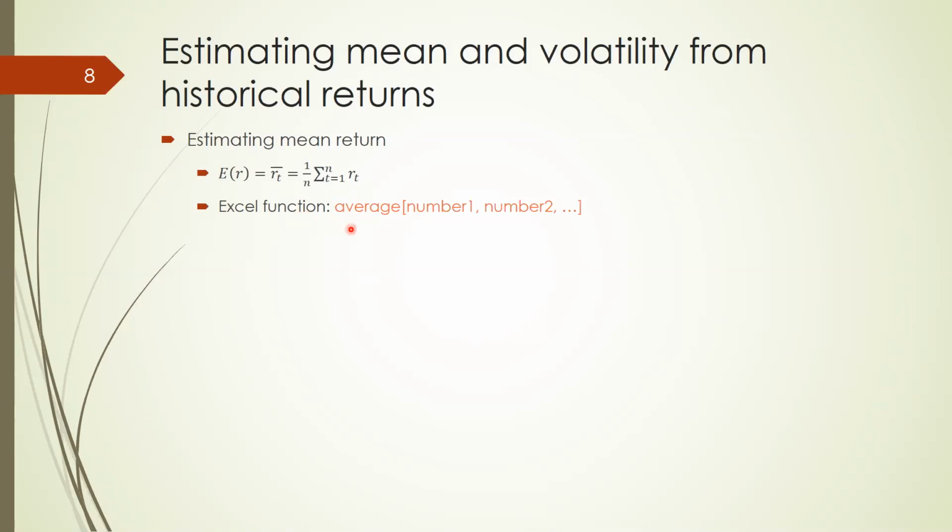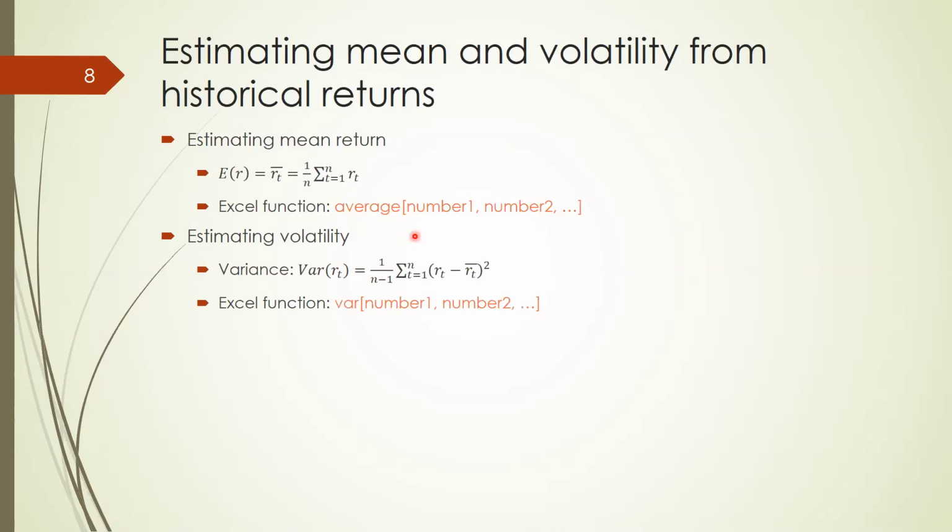The Excel function corresponds to AVERAGE. For volatility, you can use the Excel function VAR to obtain the variance, and the Excel function STDEV to obtain the standard deviation. Typically, you will be choosing between .P and .S.